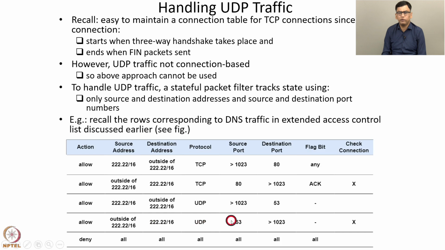So when a packet is sent from the DNS server to the host inside the organization's network, then the stateful packet filter will check the connection and it will find out that this is part of a legitimate DNS packet exchange. So it will allow the packets to pass. In this way, we can ensure that a stateful packet filter can track the state even for UDP packets. So a stateful packet filter can handle TCP packets as well as UDP packets.